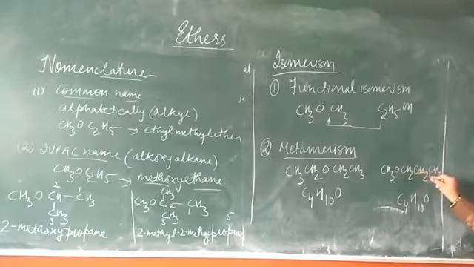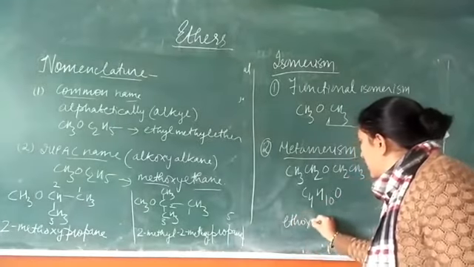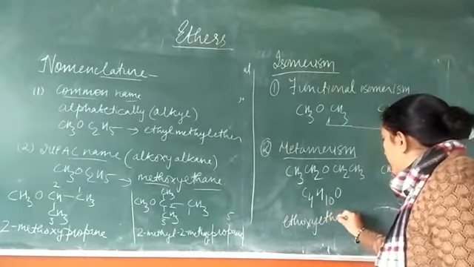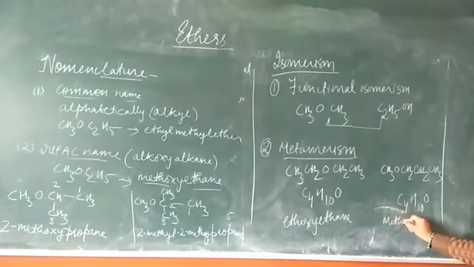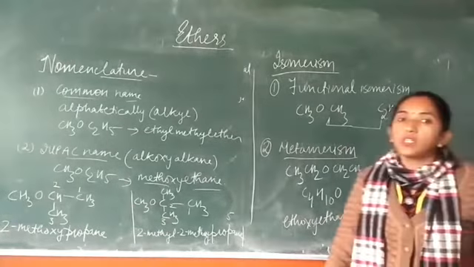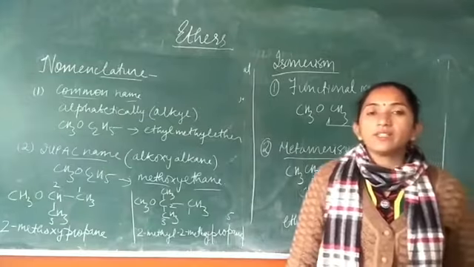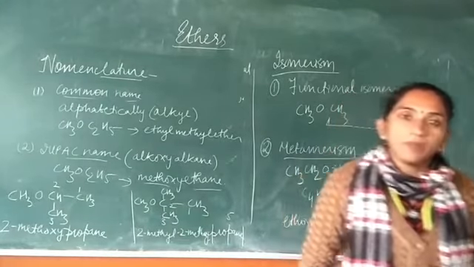So this will be known as methoxypropane, and here it is ethoxyethane. So the isomerism shown in ether is of two types: one is functional isomerism, and the second one, student, is metamerism.